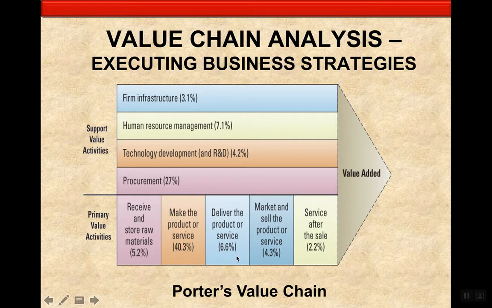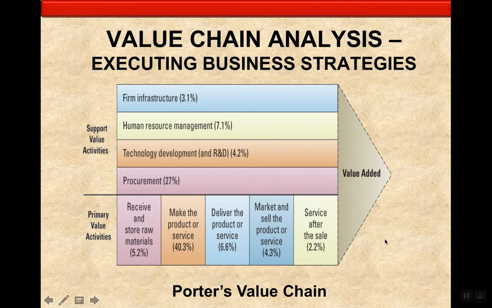You have to deliver the product. You have to market and sell, and you get service after the sale. Every step as we move from left to right could be seen as adding value, a more valuable attribute as we're moving through. This is what we call the primary value chain.